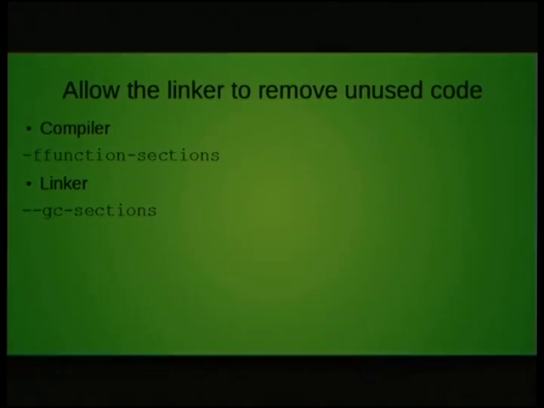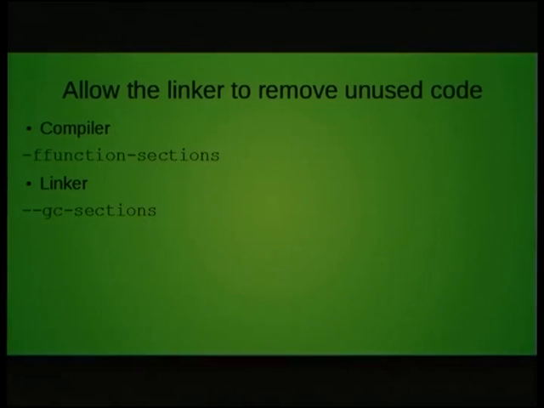One of the things that I did fairly early on was look into what features were available in the compiler and linker to try and cut down the amount of code that ends up being written to the microcontroller. There's this rather nifty option in GCC called function sections.